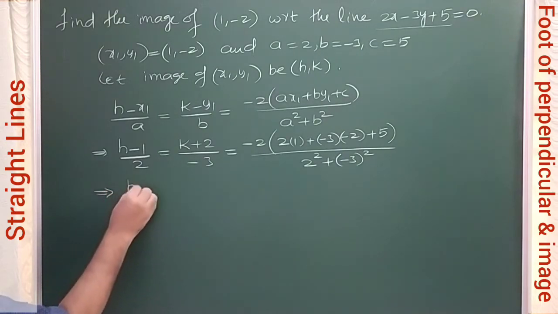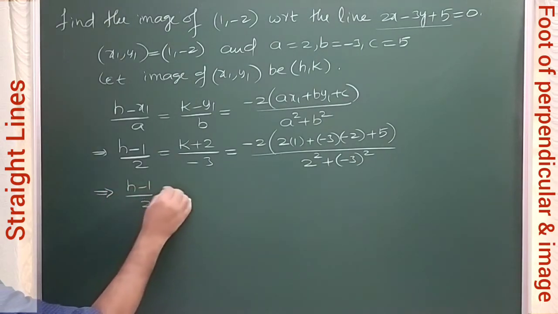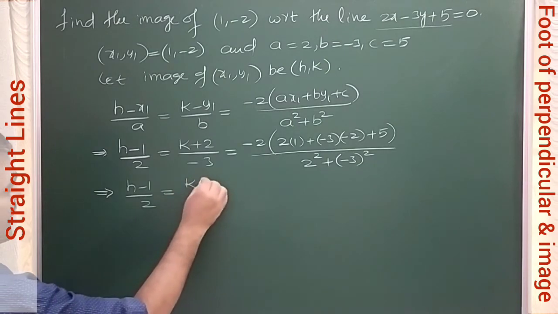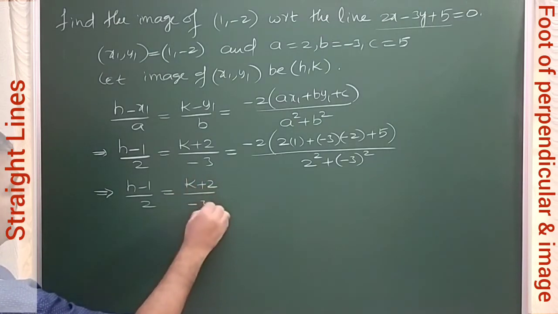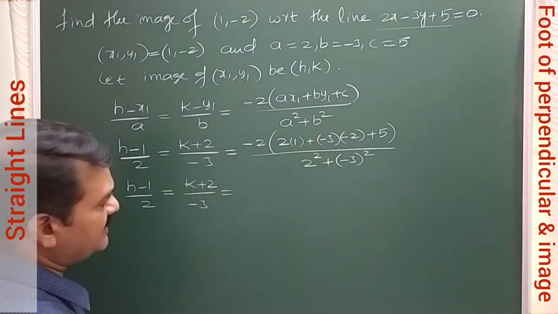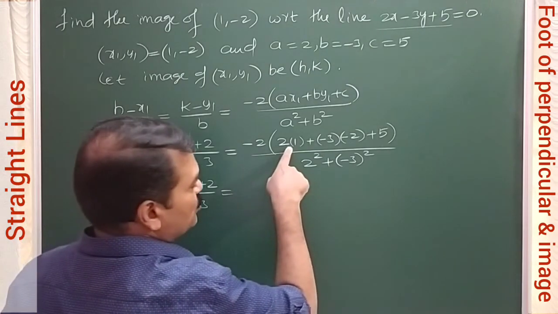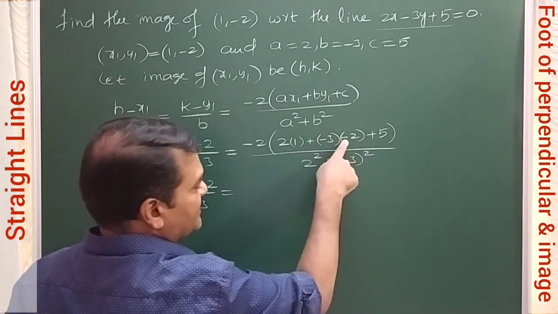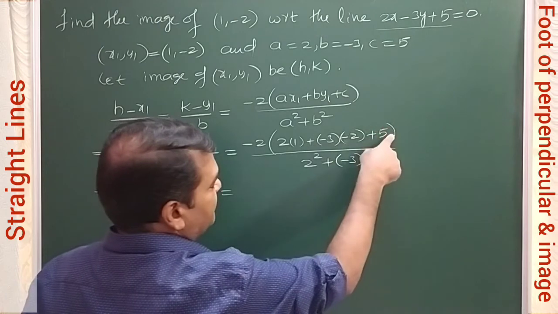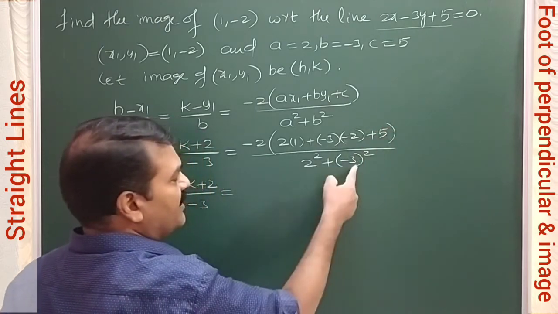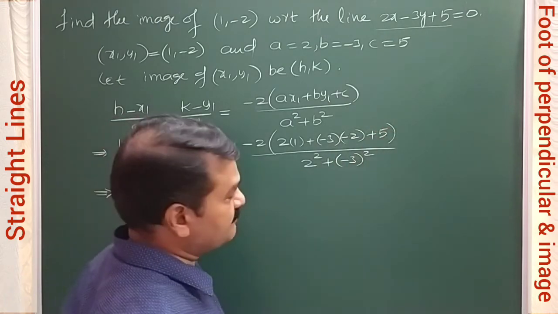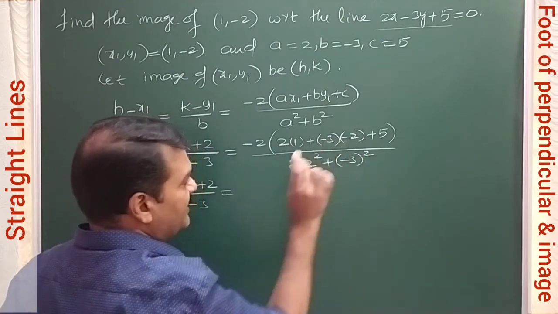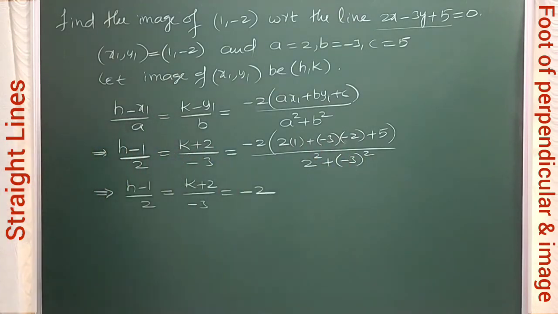Simplifying now, we will get (h minus 1) by 2 is equal to (k plus 2) by minus 3. I will simplify this part. So it is 2 plus 6, 8 plus 5, 13. Denominator is also 13. So 13 by 13 cancel, minus 2.